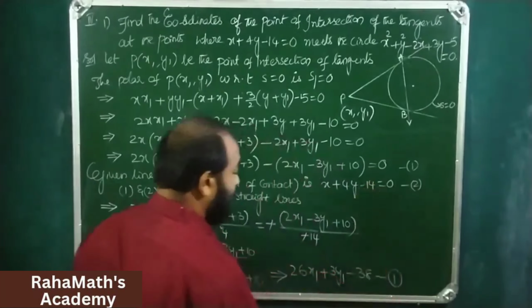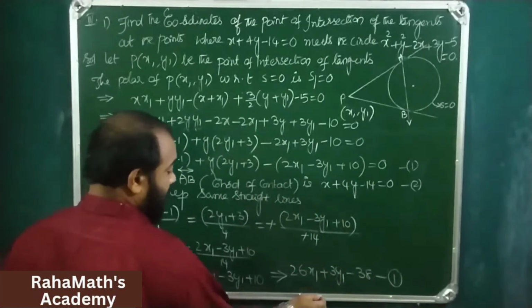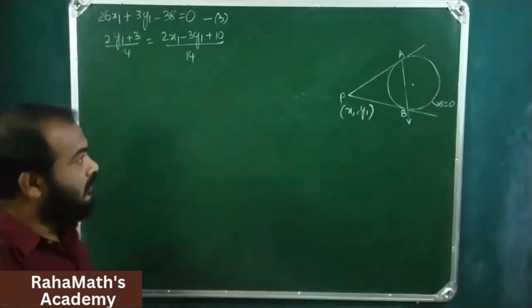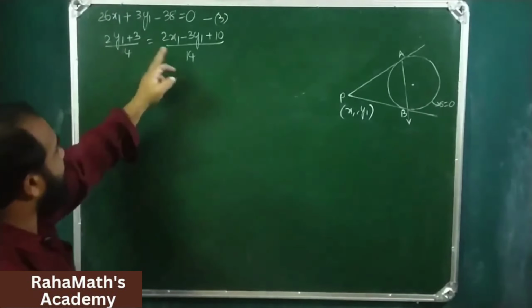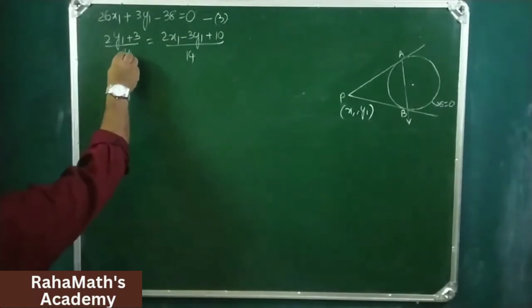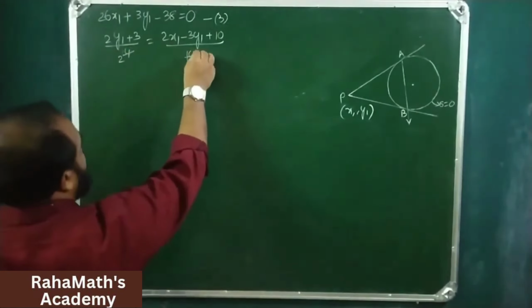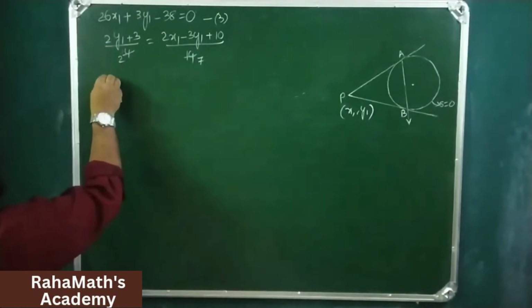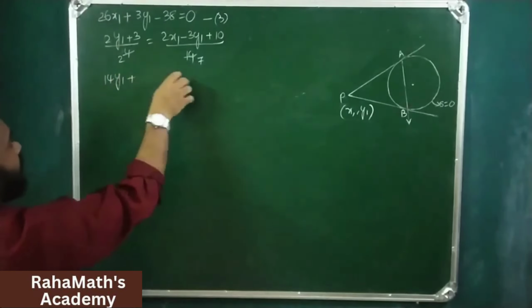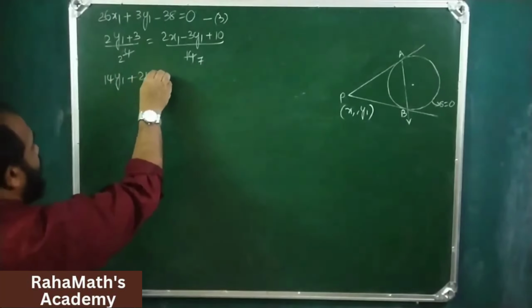Let us suppose this to be the first equation. Similarly, this and this if you compare, then 2 2s are 4, 2 7s are 14. So cross multiply, 7 2s are 14y1 plus 7 3s are 21.